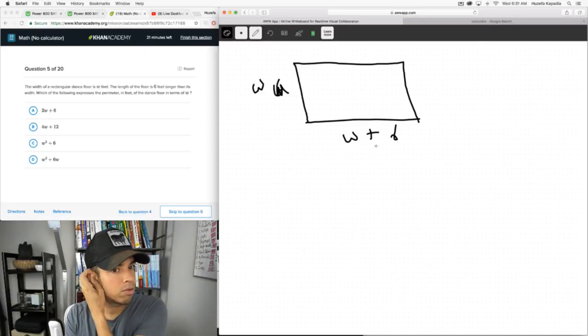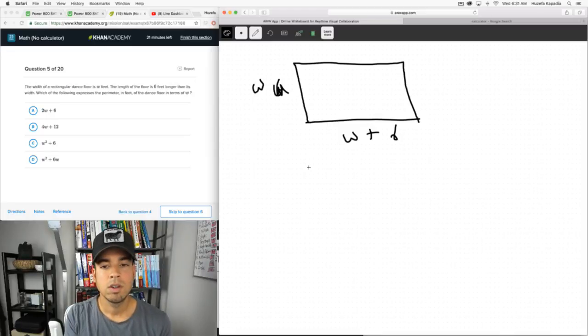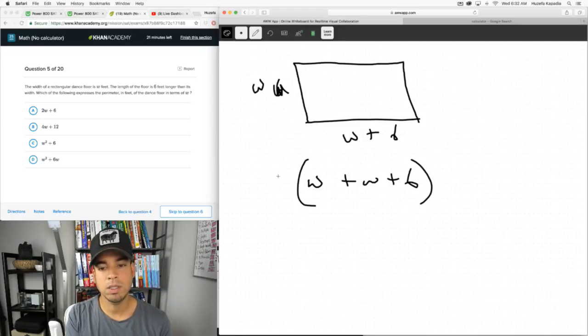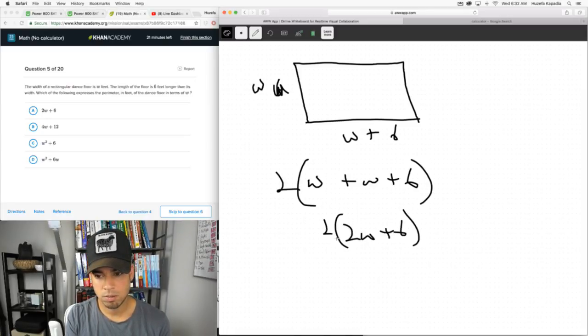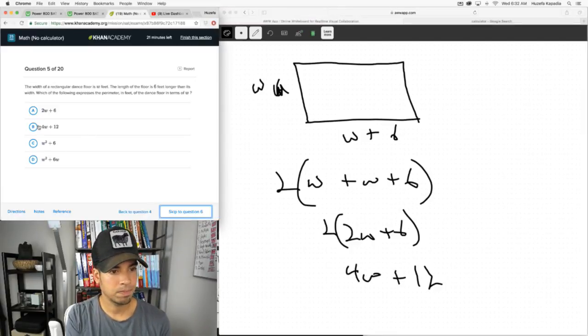Which of the following expresses the perimeter in terms of W? Well, the perimeter, we just add up all the sides. So W plus W plus 6, and then we have to double it because it's this and then this. So let's simplify this. This is 2 times the quantity W plus 6, which becomes 4W plus 12, right?